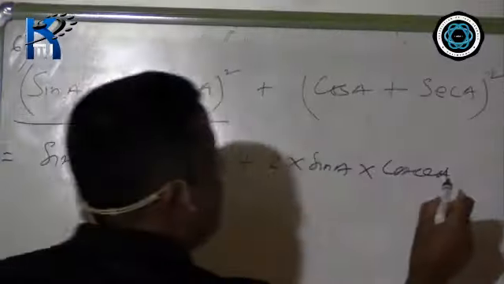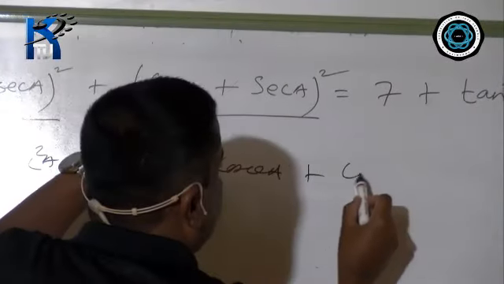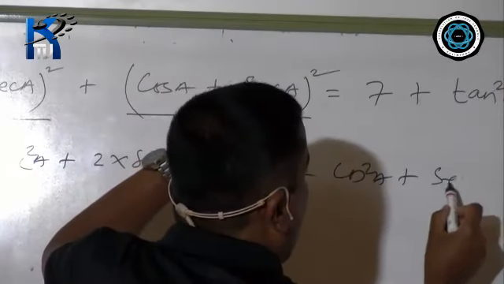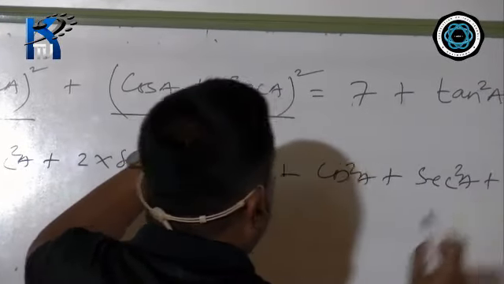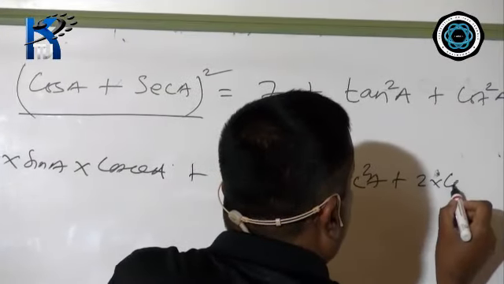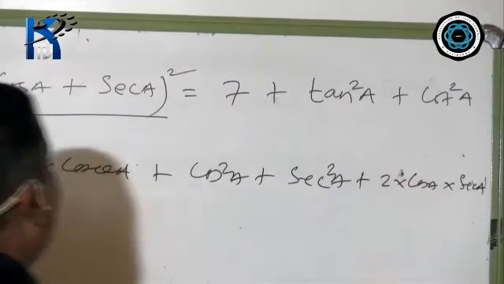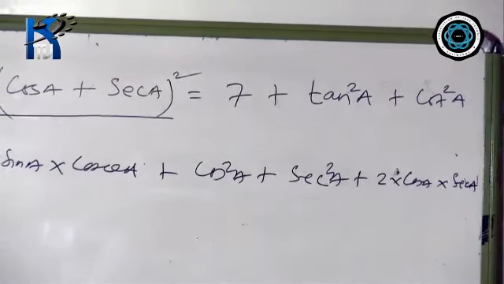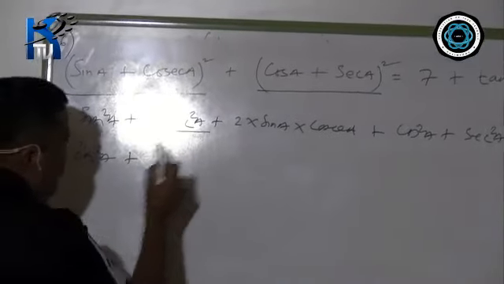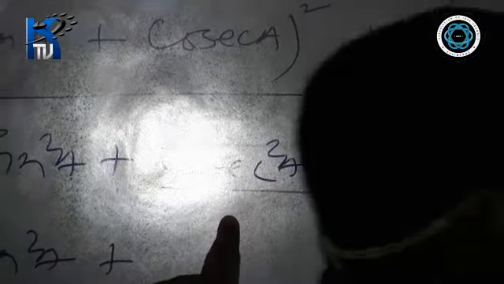Similarly, now this one, A square plus B square plus 2 into A into B. Now sin square A plus, now this is very important, cosec square A and this sec square A is very important.